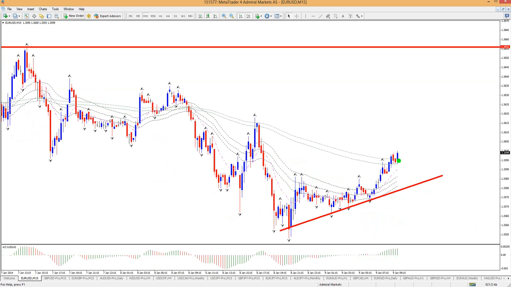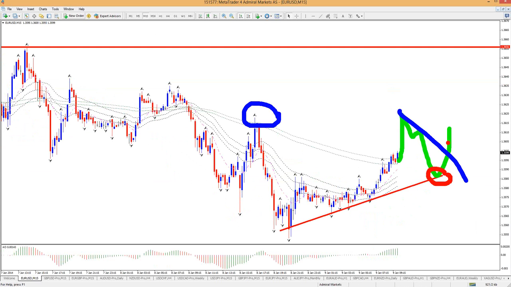The only reason I would change it is if we do break up like this and then get a hook back maybe and then bounce again. That would change it. Because then we broke this resistance already. Then we are making higher highs and higher lows. And then we're basically trading after a pullback and break.